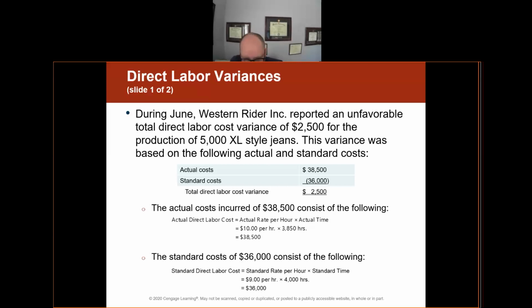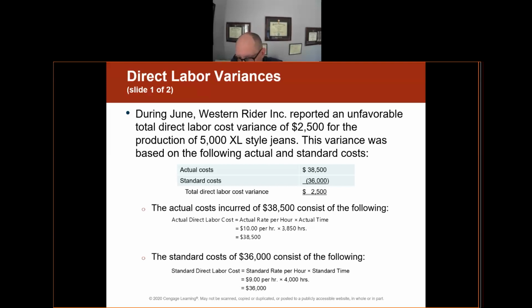How did that happen, you might be asking. Remember, our standard rate per hour was $9 per hour, and our standard time, meaning the amount of time we expected to use in the manufacturing process, was 4,000 hours. So $9 per hour times 4,000 budgeted hours gives us a total standard cost for labor of $36,000.